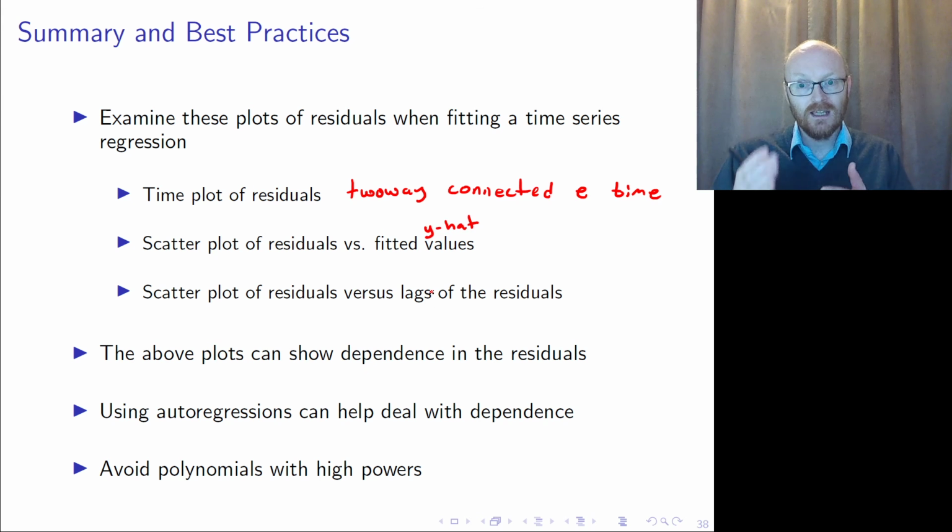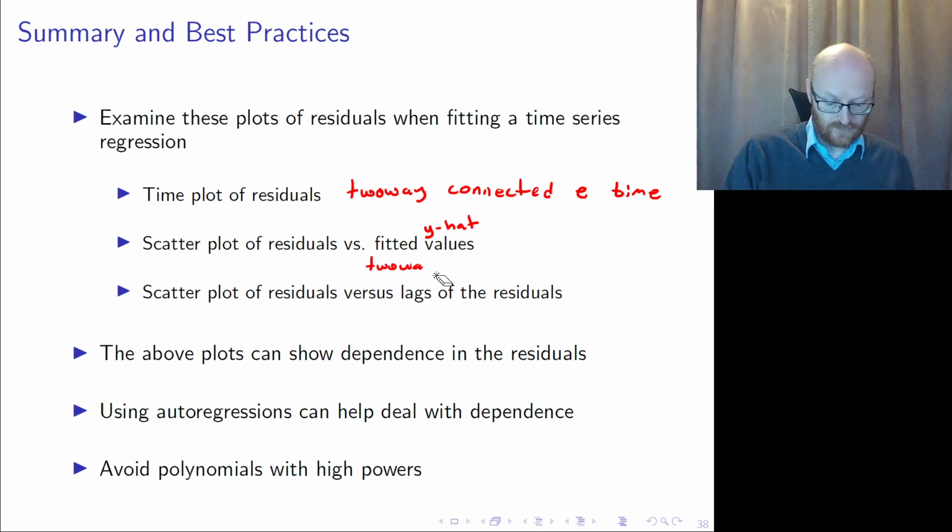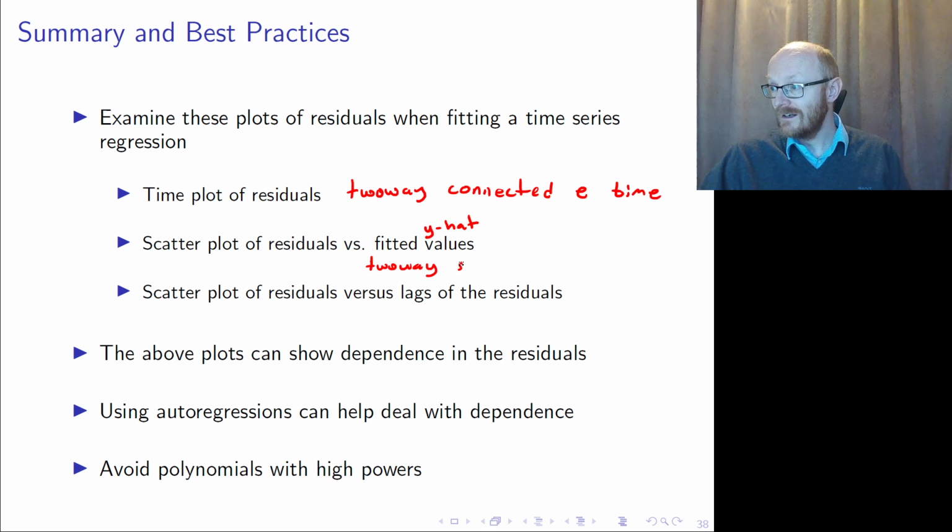So you first make the y hat variable by predict y hat or predict y, and then you can use the twoway scatter of residuals versus y hat.